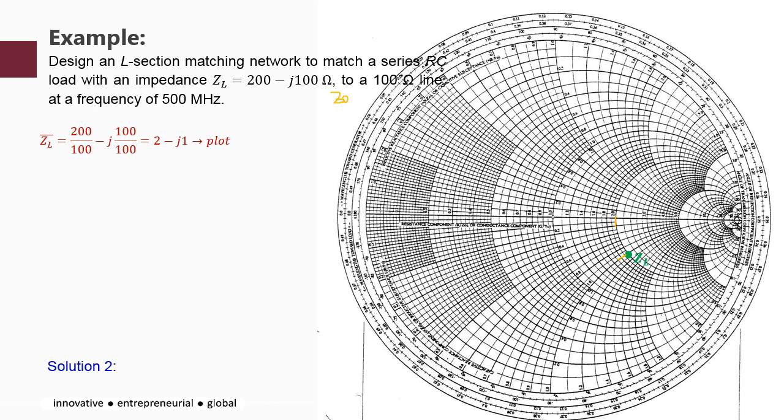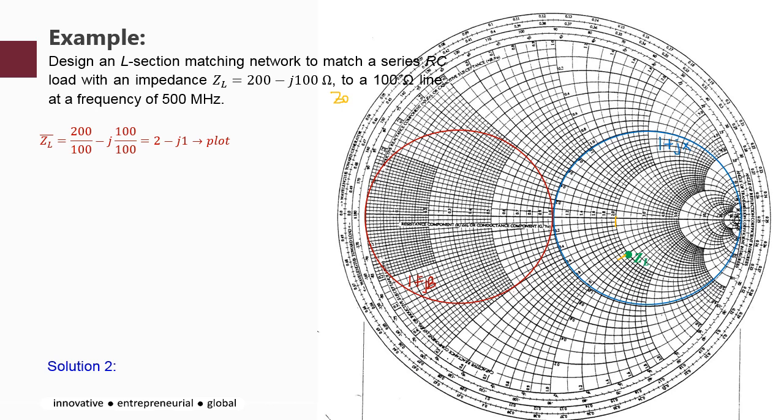Okay, and then you need to look at whether the ZL lies within the 1 plus JX circle or not. Then you plot the 1 plus JX and the admittance 1 plus JB. All right, so this is your 1 plus JX circle, and the other one is 1 plus JB.